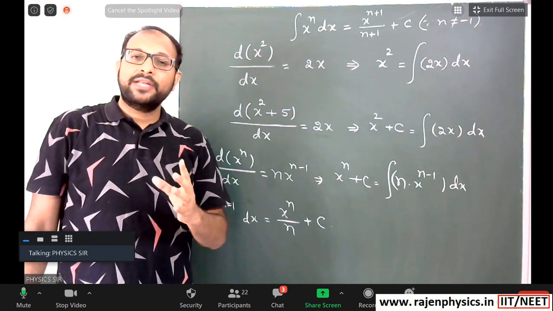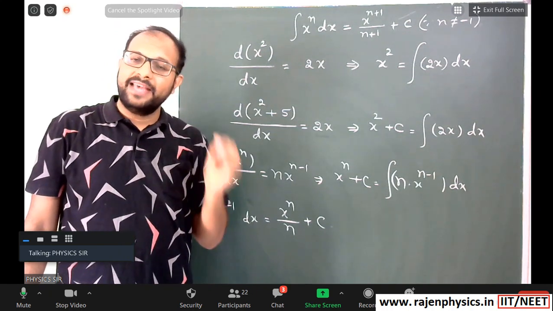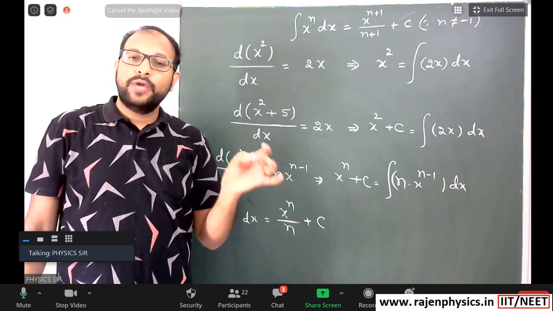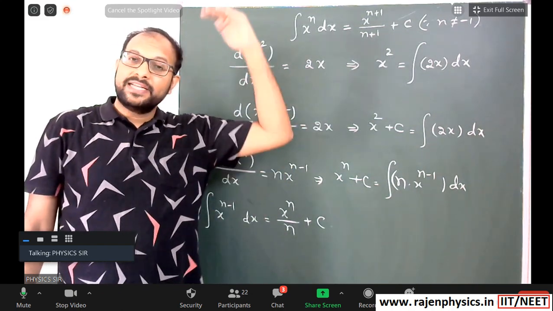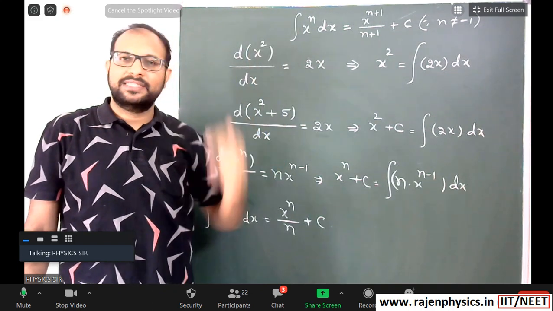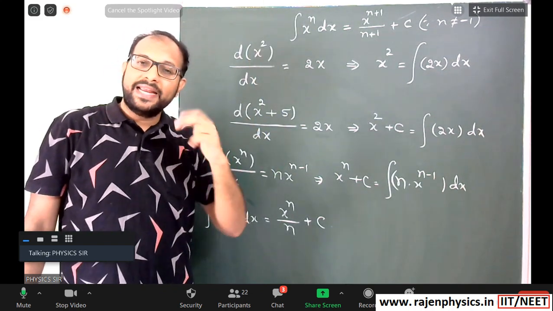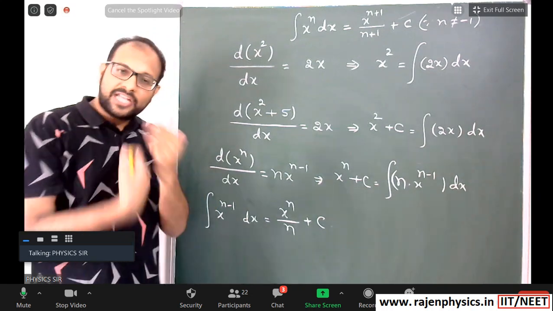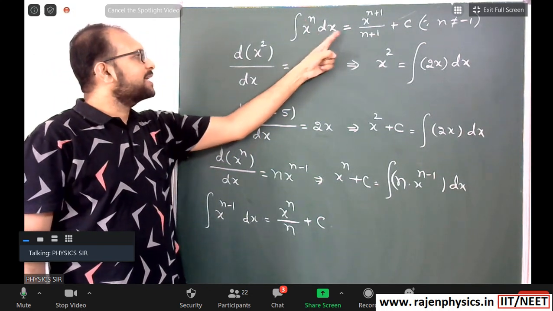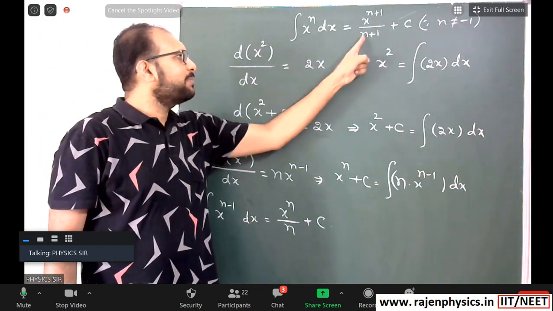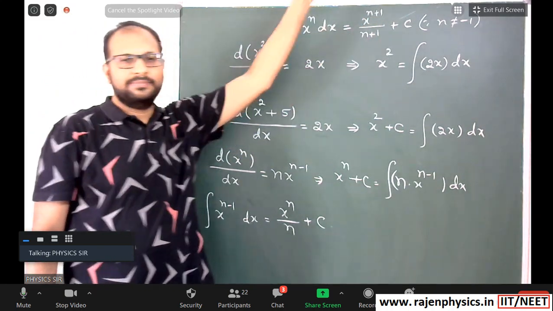Just like the derivative of x to the power of n is n into x to the power of n minus 1, that is in the differentiation chapter, sir will derive that. Same in integration. Now from the differentiation I am going to explain: integral x to the power of n dx is x to the power of n plus 1 by n plus 1 plus c.